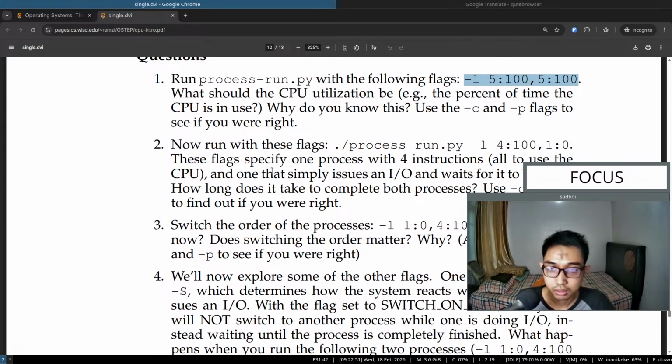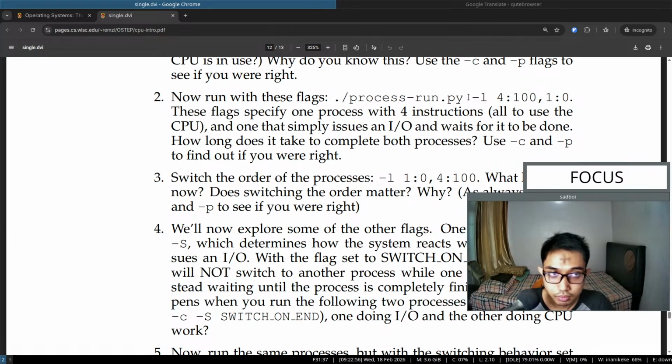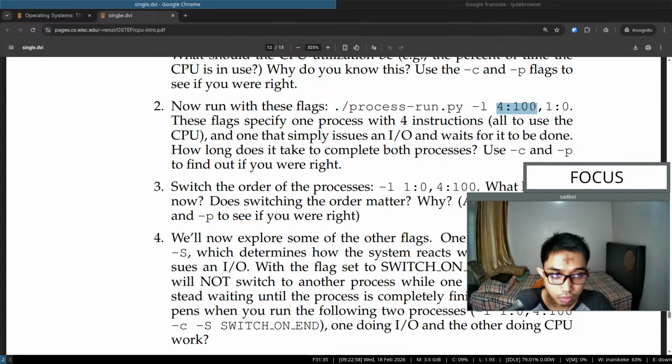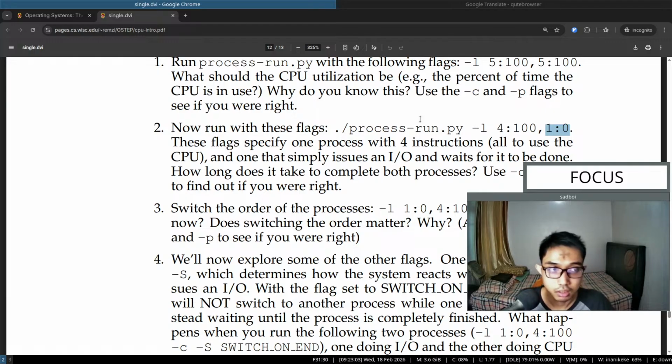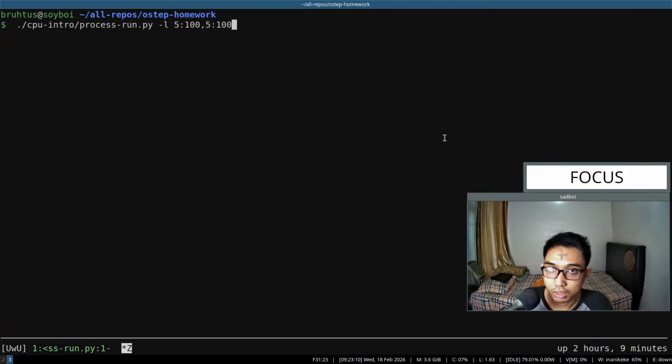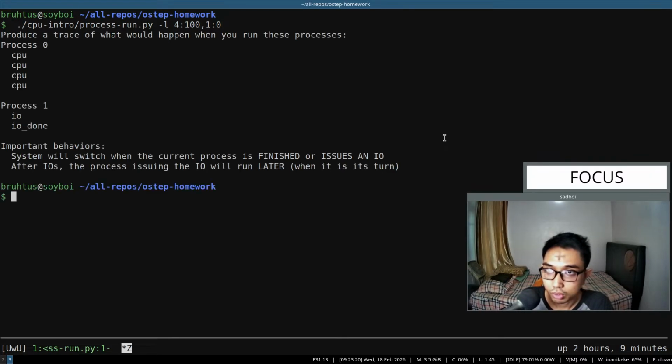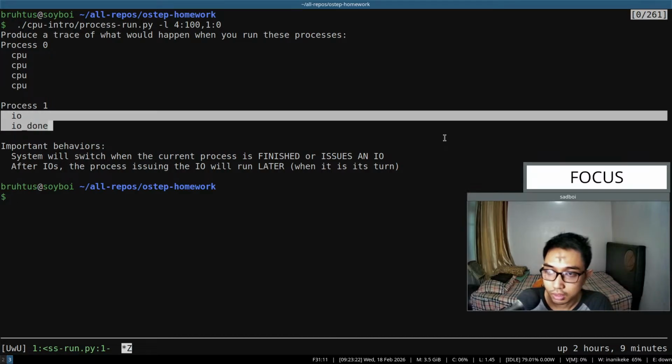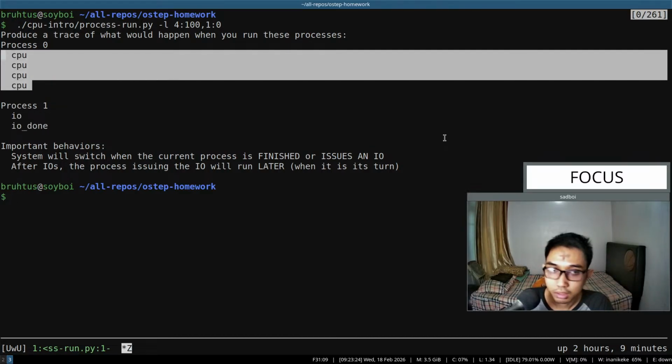Okay. Now run with this flag for 100. Oh, 1 and then 0. So the second process is only input-output, I assume. Yeah, for CPU process and then 1 input-output, right? Okay.